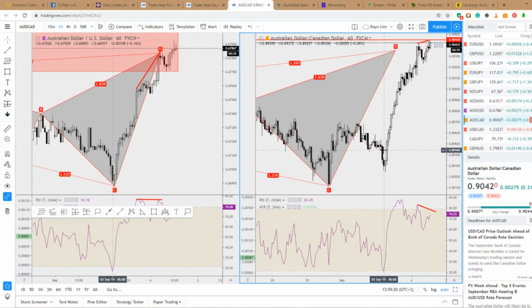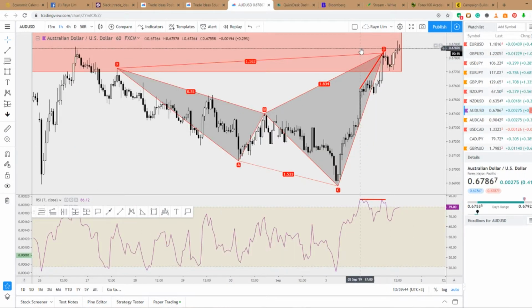Okay, if the rate remains unchanged, it can go either way, but if you ask me in this case, I do think that if the rate is unchanged, it's more likely for Canada to go down, and it does cause this Australia CAD to go up. So most likely the Canada rate will be unchanged.